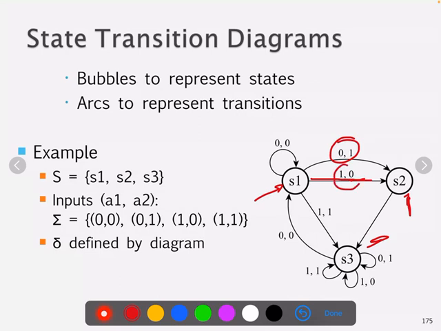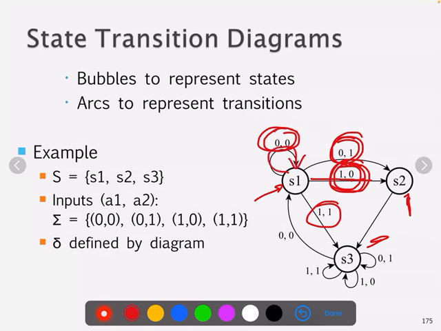These are the conditions, right? When the state of the operation is S1, the transition from S1 to S2 takes place when the inputs are 1 and 0 or 0 and 1. When the inputs are 0 and 0, it remains in the same state, that is S1.